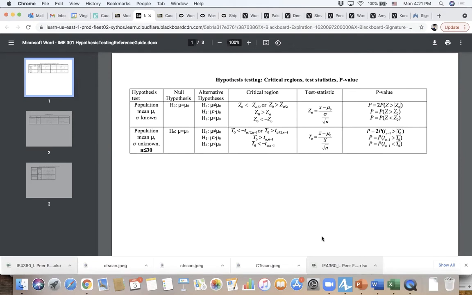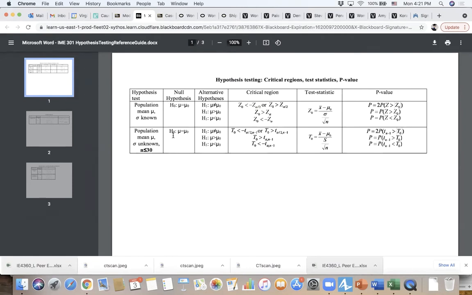You should choose the bottom row, because it says here population, we are running a hypothesis test on the population mean mu, sigma, which is the standard deviation of the population, is unknown, and n is less than or equal to 30. That is exactly the case in our problem, so this is the row that gives me any formulation that I want.